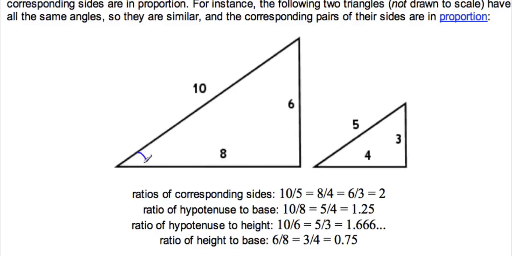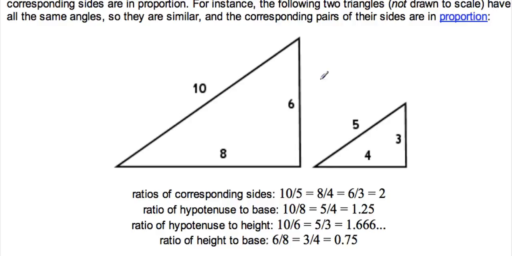If this angle measures 1 and this angle measures 89, this particular right triangle will have a unique set of ratios, meaning the base to hypotenuse ratio, the height ratio, and the hypotenuse to base ratio would be unique for that particular right triangle.